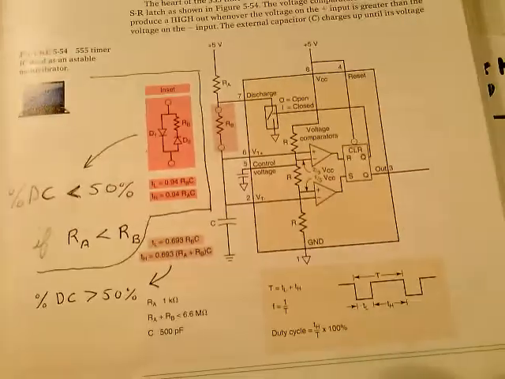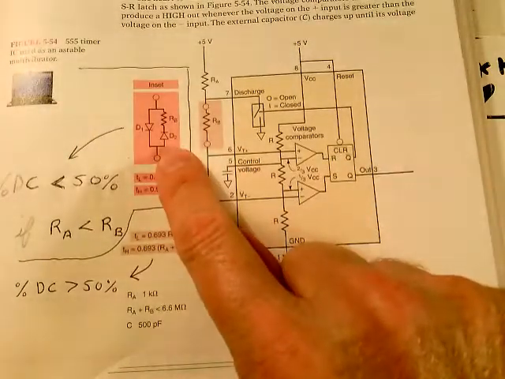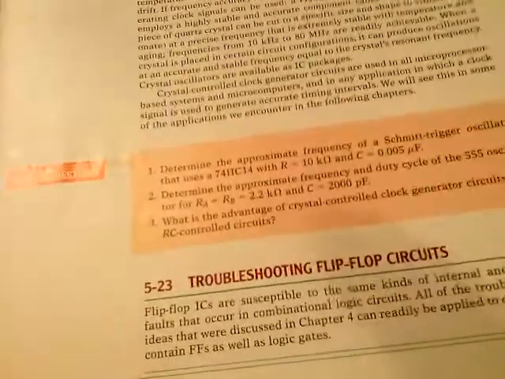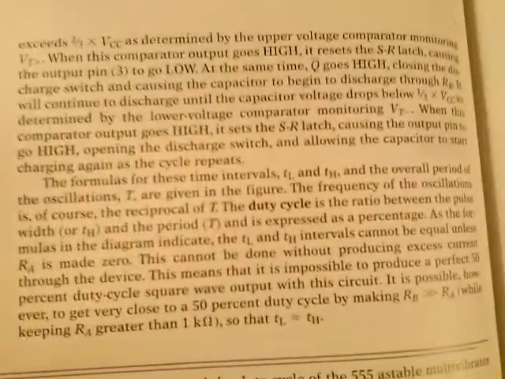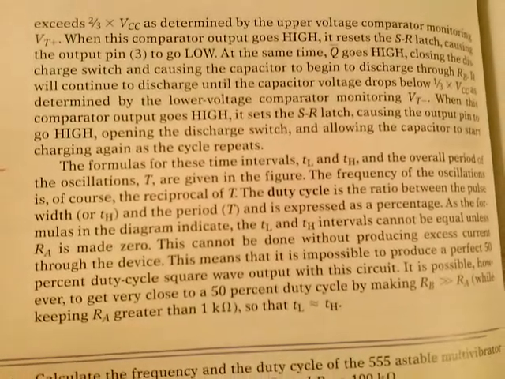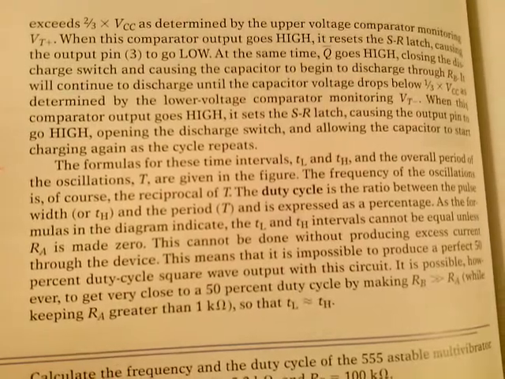So you're going to have to very closely look over what you need to do to get the duty cycle down below 50%. And secondly, if you read this section right here, very important section to read, talking about the intervals T low and T high and the overall period of oscillation.